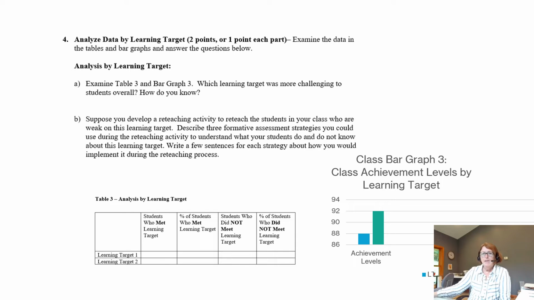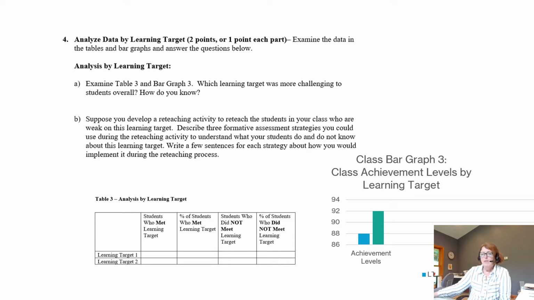Let's look at A. Examine table 3 in bar graph 3. Which learning target was more challenging to students overall? How do you know? That's a little easy to do here because if we look at the achievement levels, learning target 1 in the set of dummy data, only 88% of students got that correct.